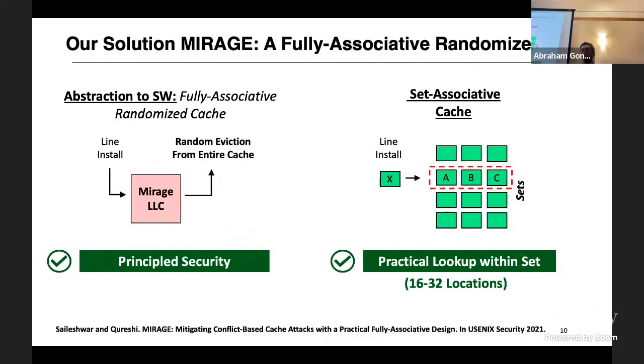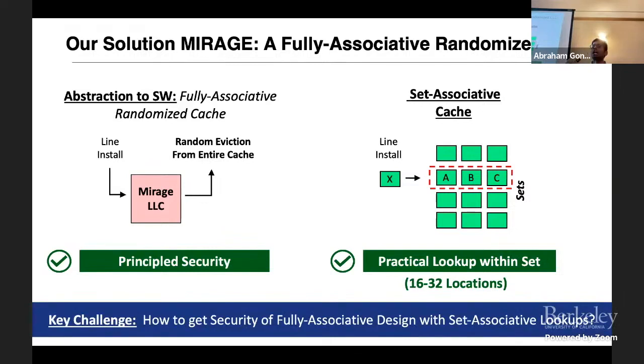Where when you have a cache access, a line maps to a few finite locations, and it's either present or absent in those finite locations within a set. So how do we get the security of a fully associative cache, but retain the lookup complexity of a set associative cache? Security of a fully associative design, but the practicality of a set associative cache.